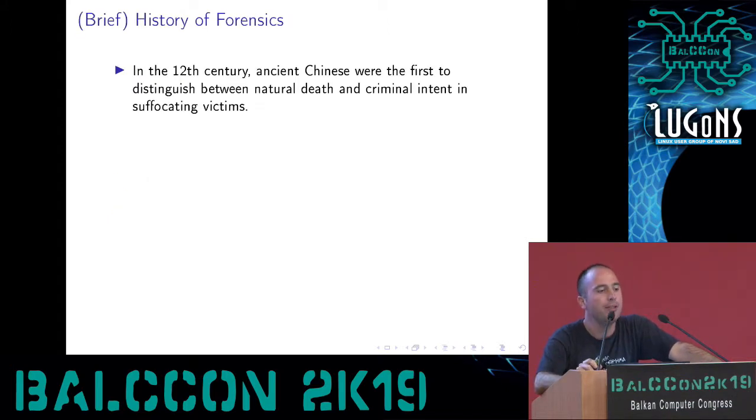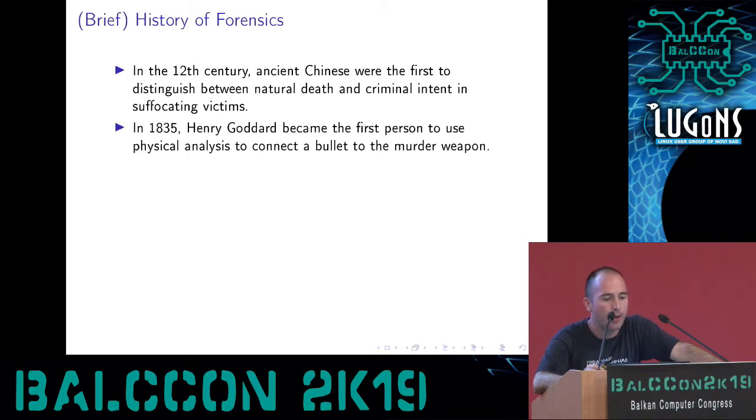So just a brief history of forensics. Many people think that it is a relatively new professional discipline, but as early as in the 2nd century, ancient Chinese were the first to distinguish between natural death and criminal intent in suffocating victims. What is more familiar to most people is some other branches of forensics.